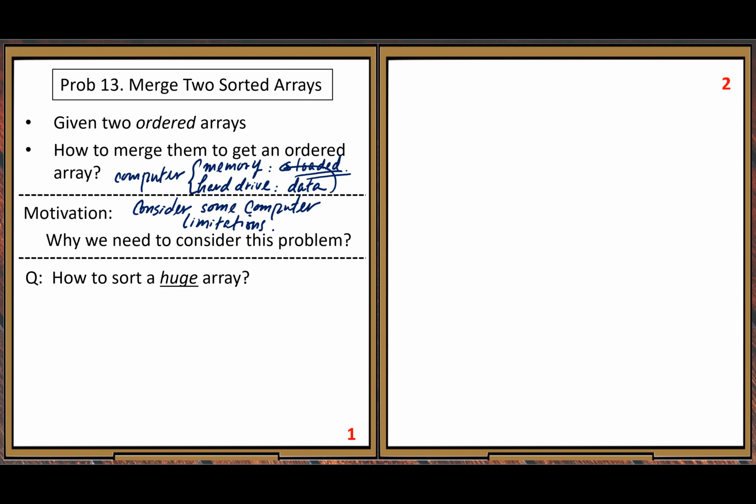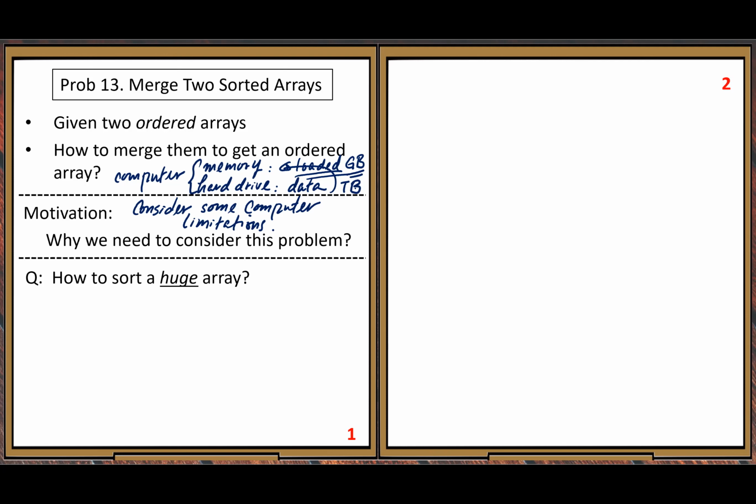But now the question: we know the main memory is much smaller than the hard drive. Main memory is usually several gigabytes. Hard drive could be as large as terabytes, or at least hundreds of times larger. For simplicity, let's just assume 1 TB is the size of our hard drive, but our main memory is several gigabytes.